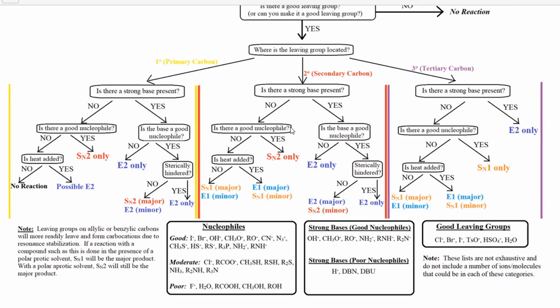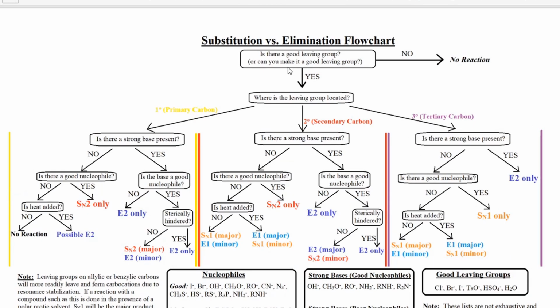Generally speaking, if you have a primary carbon and a nucleophile that's not a base, you're really just getting SN2. If you have a nucleophile that is a strong base, you're still probably going to get SN2, unless the base is not a good nucleophile or the base is very sterically hindered, then you might get elimination.